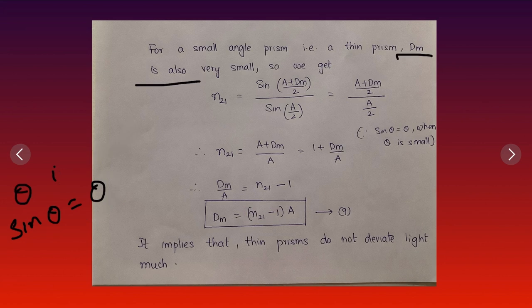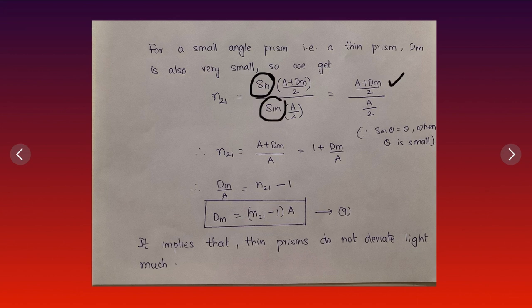So instead of sin, we will remove the sine and write only (A plus Dm) by 2, and here also we will write only A by 2.